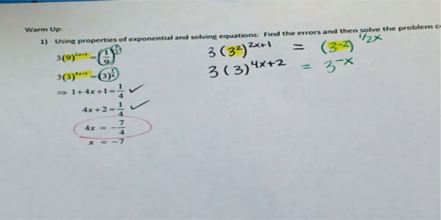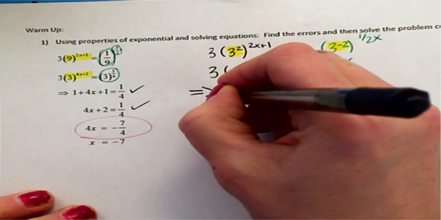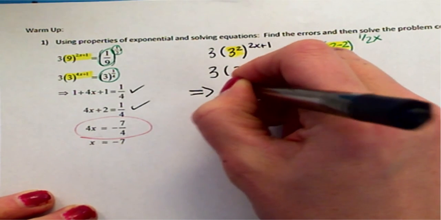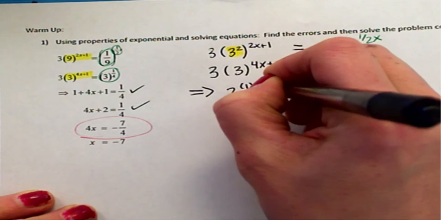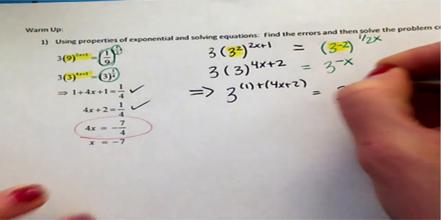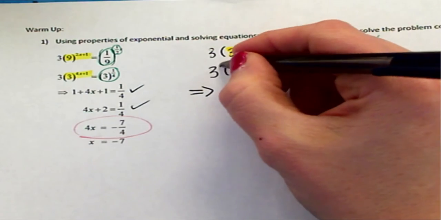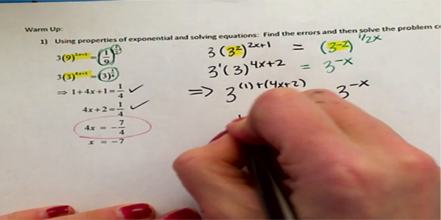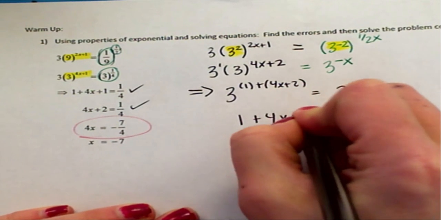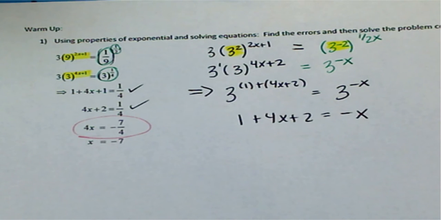Okay, now I'm going to fix the rest of the work here. The implication, I'm going to do one more step. 1 plus 4x plus 2. Because really, I add exponents when I multiply the same base, which means 1 plus 4x plus 2 equals negative x.